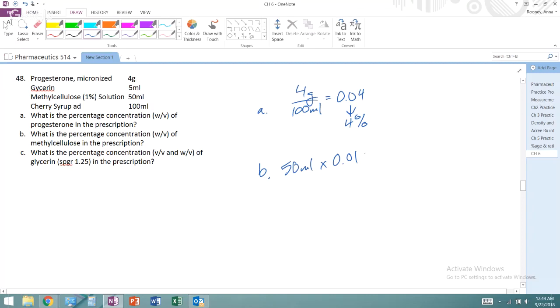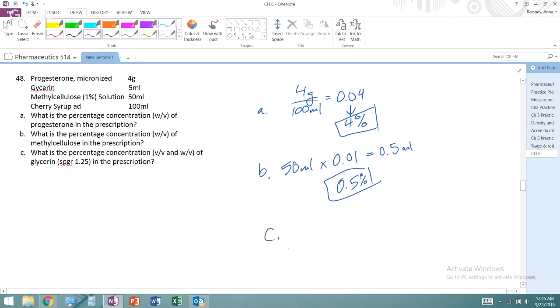It's 1%, so you find that 0.5 milliliters is actually the methyl cellulose. Then that divided by 100 is 0.5%, because you're just going over 100. So that is that one.